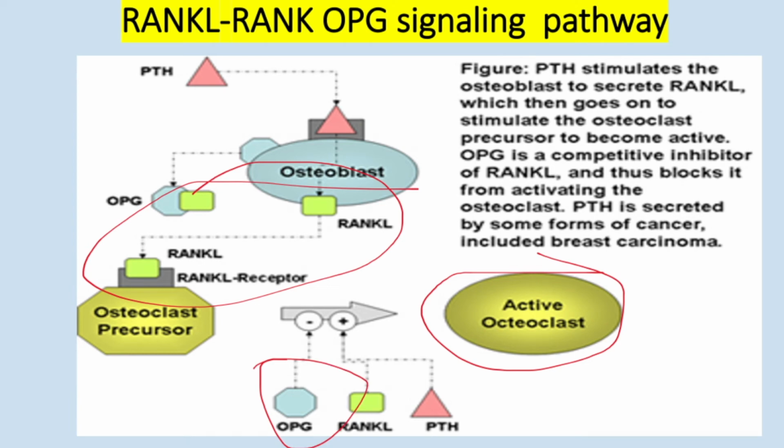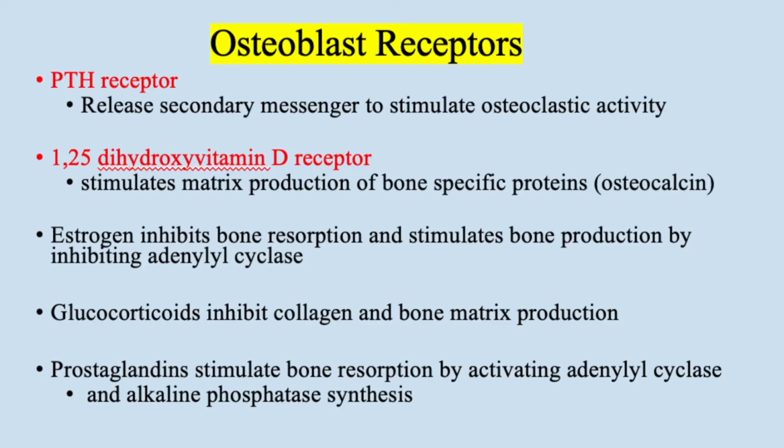You got to know that. In osteoblast receptors, you mainly have to know the PTH receptor and the 1,25-dihydroxyvitamin D receptor. PTH binds to the osteoblast, the cell responsible for creating bones. Binding stimulates osteoblasts to increase their expression of RANKL, and RANKL binds with the RANK receptor of the osteoclast, and osteoclasts get activated and bone resorption takes place.